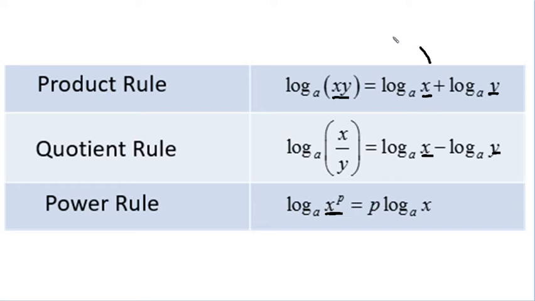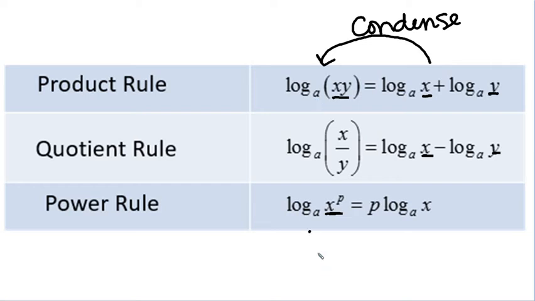So when we condense, that means we are looking for sums, differences, and multipliers, and we're going to turn them back into the product, the quotient, and the exponent. So condense means we're going to go from this expanded version back to a single logarithm.